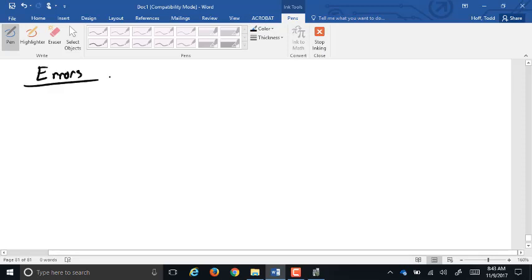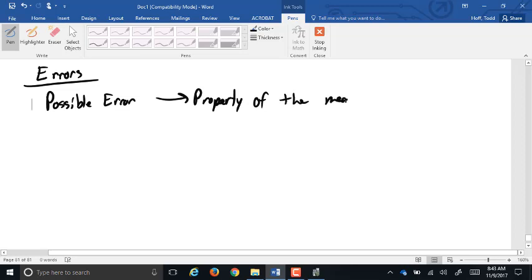So far, we've talked about built-in error in a measuring device. That implied error or possible error that's determined as a property of the measuring device. And it's a property of the measuring scale that's being used.